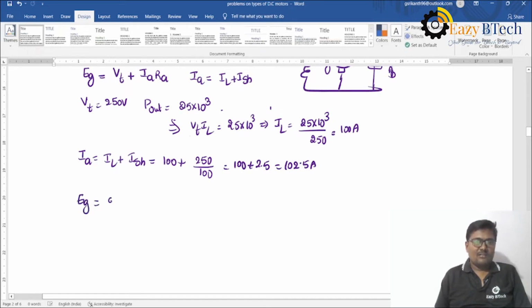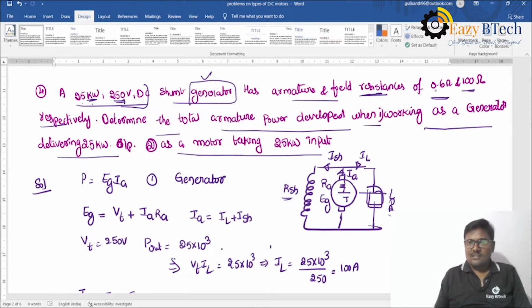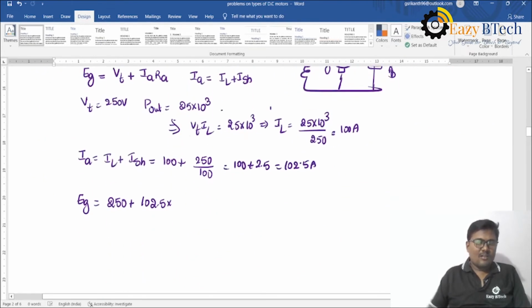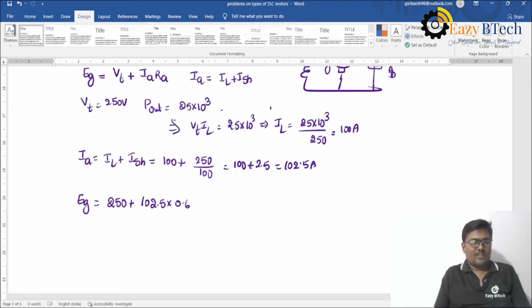EG is equal to 250 plus 102.5 into the armature resistance, which is given as 0.6. So by using a calculator, 250 plus 102.5 into 0.6, you will get 311.5 volts.